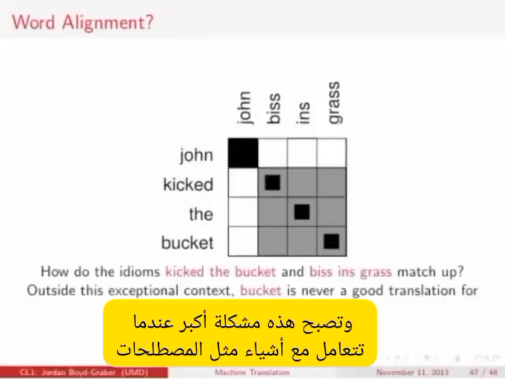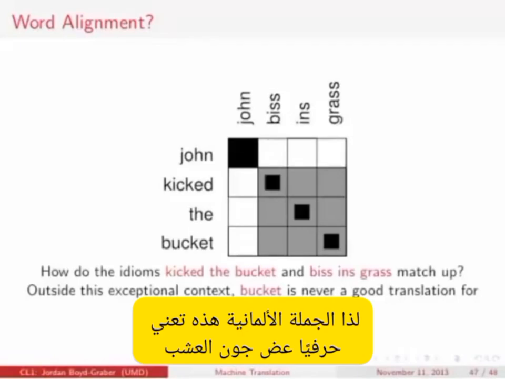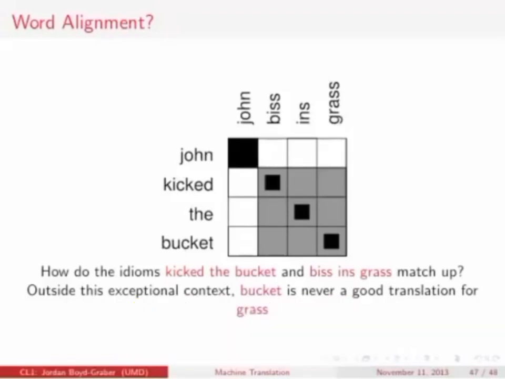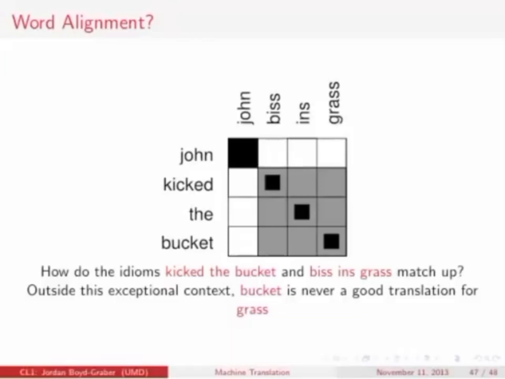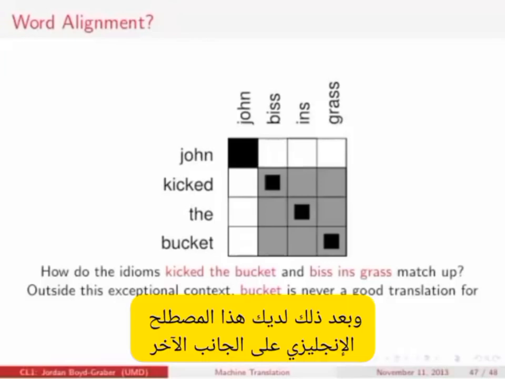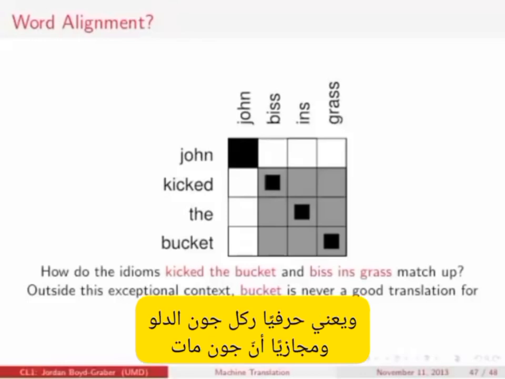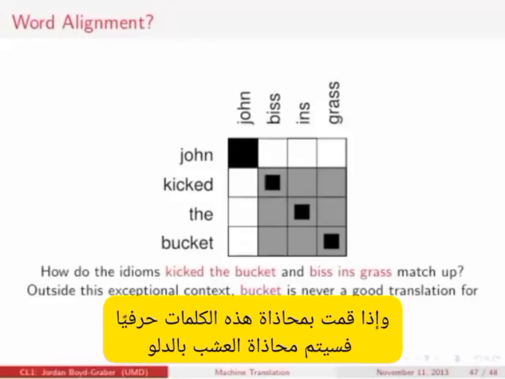This becomes an even bigger problem when you're dealing with things like idioms. So, John biss im Glas, that literally means John bit the grass. But figuratively, it means that John died. And then you have this English idiom on the other side, John kicked the bucket. And if you literally align these words, you'd have that glass is being aligned with bucket.